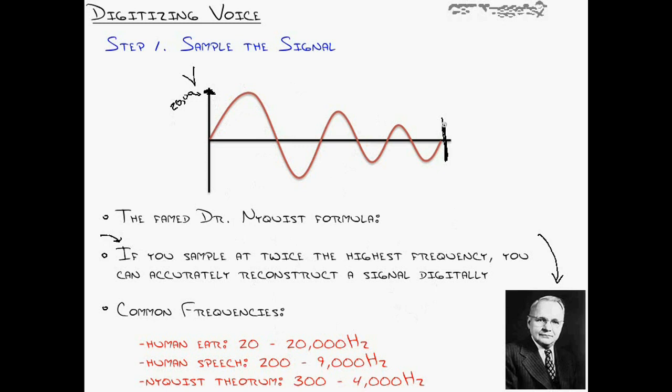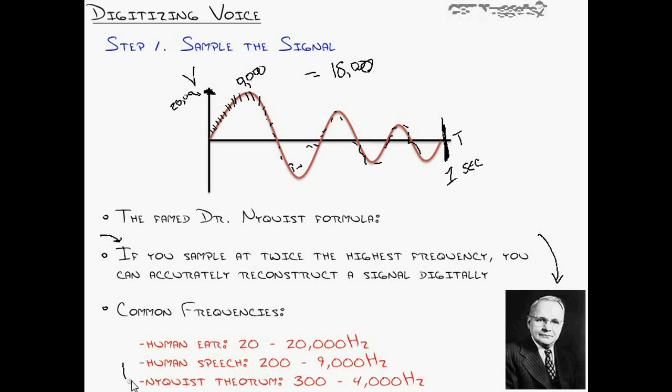It means if I were to take time, and this is voltage over time, if I were to say this is 1 second of time, the Nyquist theorem says if you were to sample at twice the highest frequency, say, twice 9,000 hertz, that means I would take 18,000 samples over this frequency as it's going along, every single second. I would be able to accurately reconstruct human speech exactly as I hear it coming out of somebody's mouth.